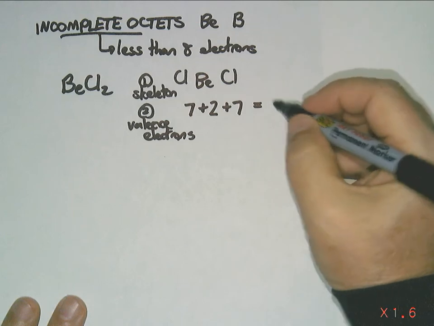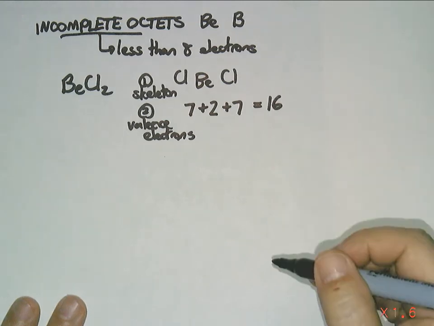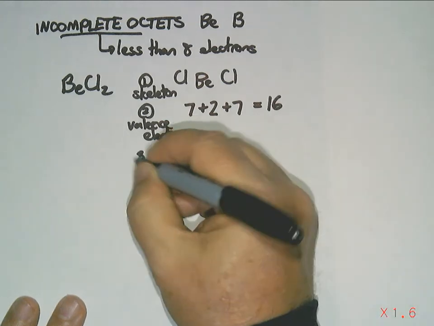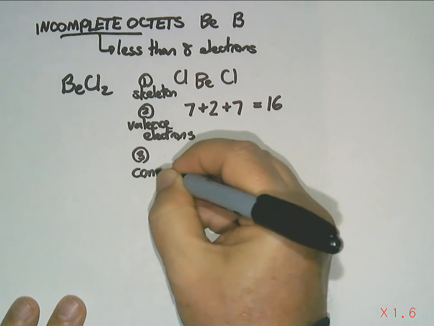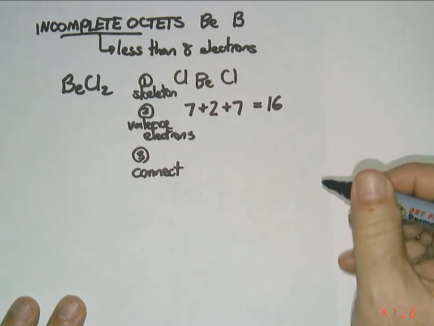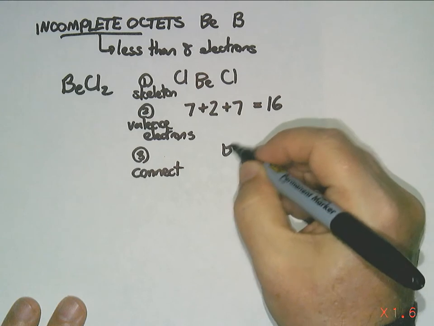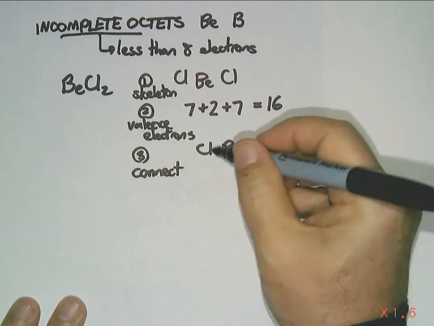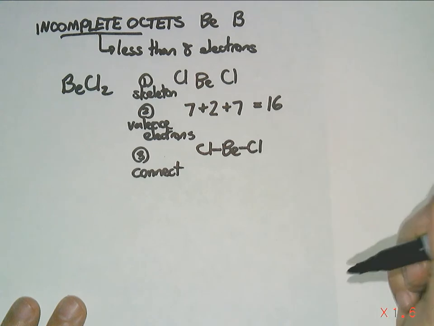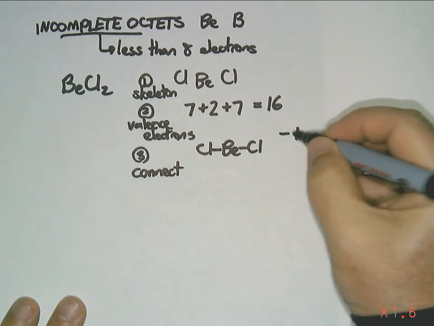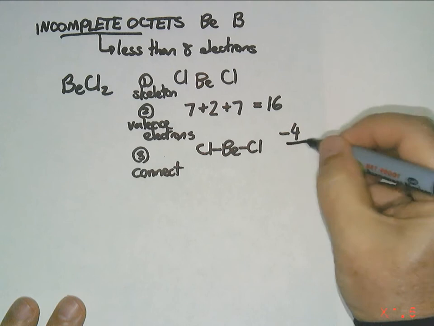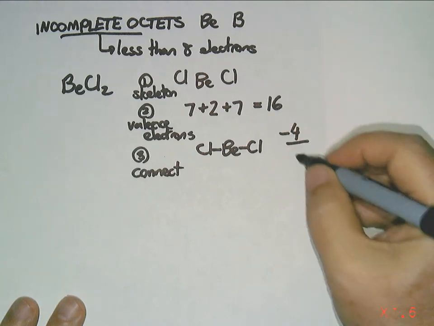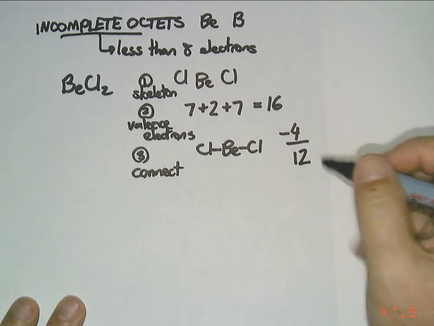So I get 16, right? Step 3, connect the structure. Okay, let's write our skeleton. And now let's connect it. I took away 4 electrons there. 16 minus 4 is going to be 12 left.